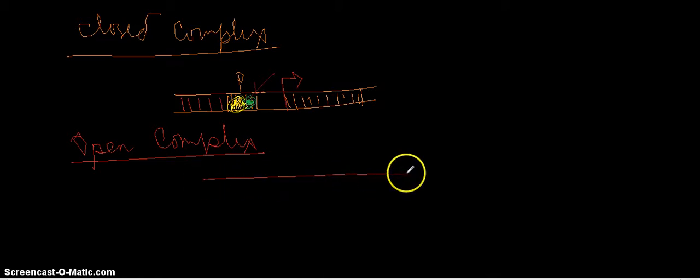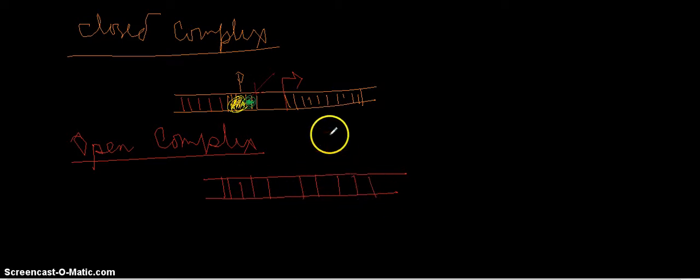Now if this is the DNA strand and here is the double helix, what happens when this RNA polymerase is bound at the promoter region? This is my RNA polymerase core portion.